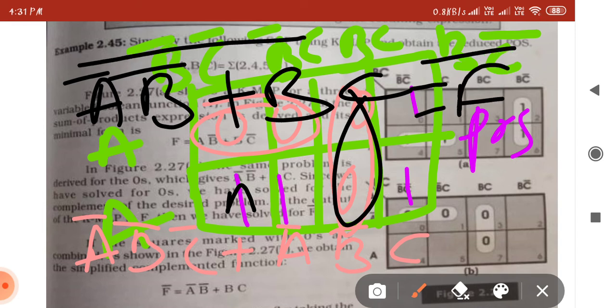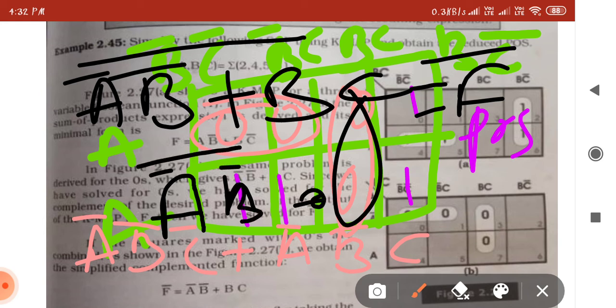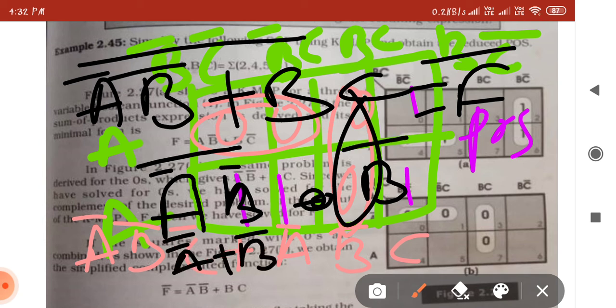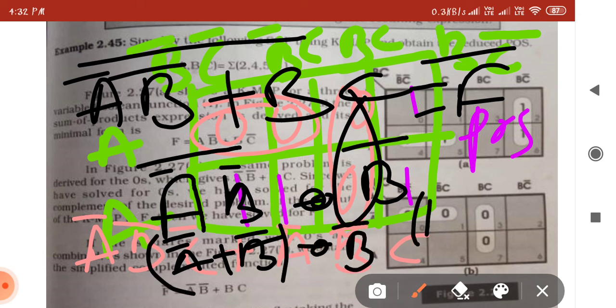We have to complement both sides. A bar B bar plus B C whole bar can be written using De Morgan's laws: A bar B bar whole bar into B C whole bar, that is A bar bar plus B bar bar into B bar, A plus B into B bar.